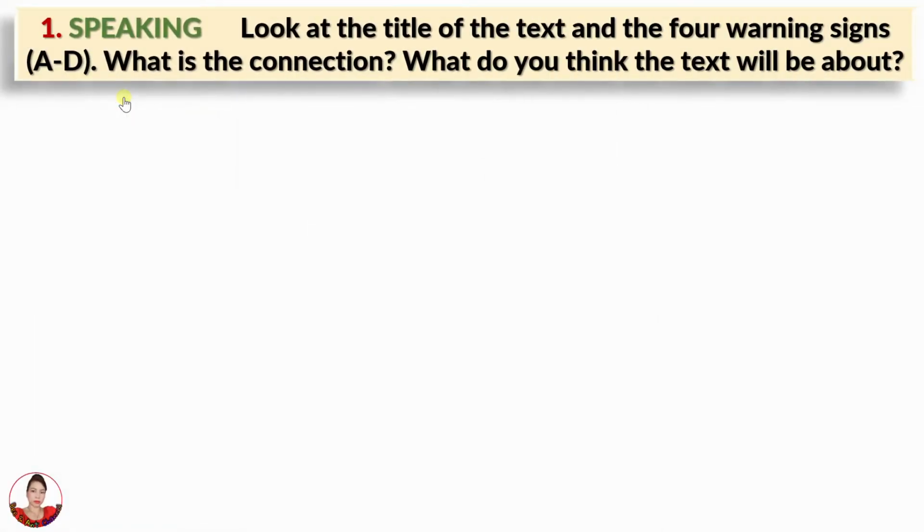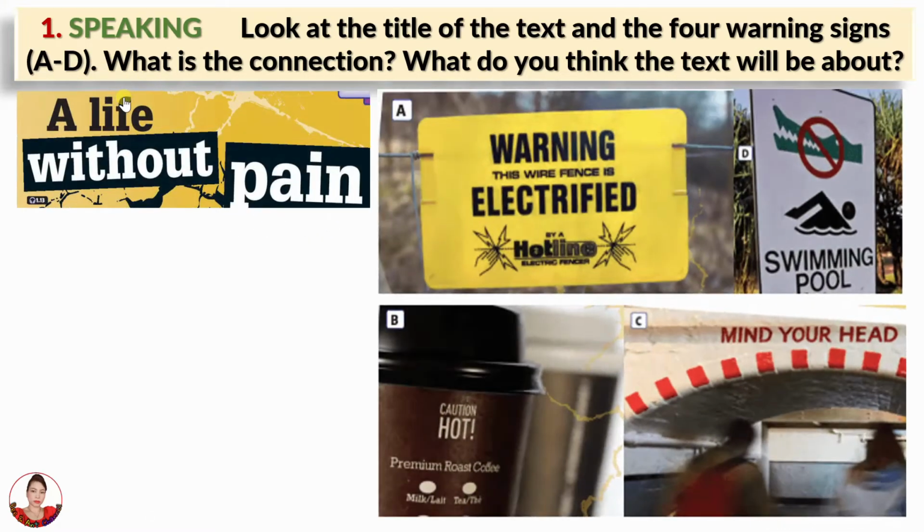Number 1. Speaking. Look at the title of the text and the four warning signs. From A to D, what is the connection? What do you think the text will be about? This is the title, A Life Without Pain, and some warning signs.